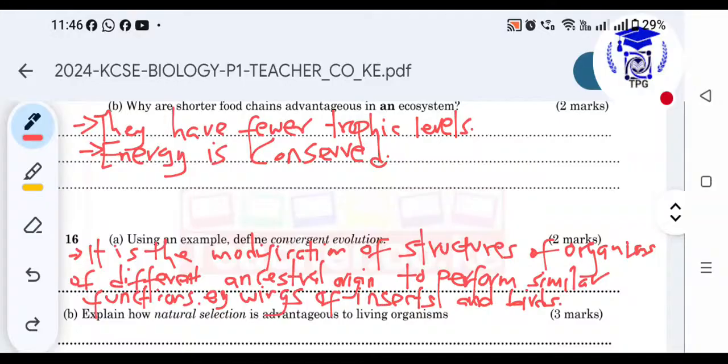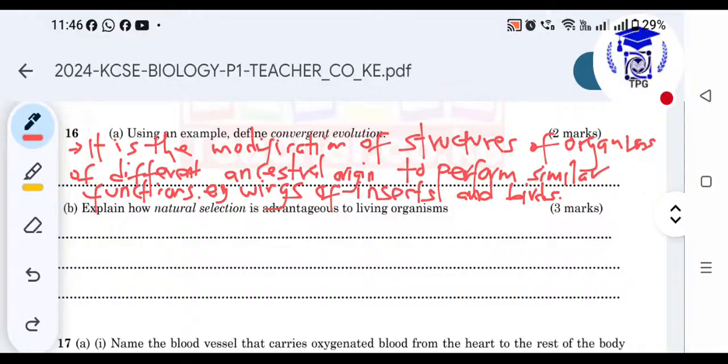That is good. Number 16. Let's go to number 17. Explain how natural selection is advantageous to living organisms. Natural selection is the theory brought forward by a scientist by the name Charles Darwin.